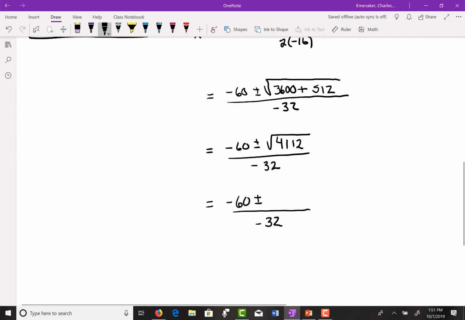Well, let's see. What I need to do is to take the square root of the 4112. This is going to be 64.125.